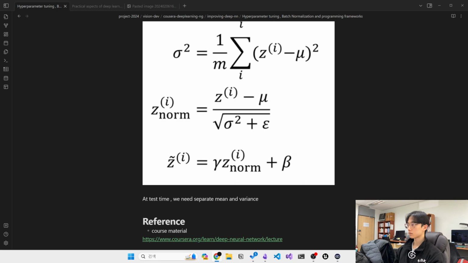So to be very concrete, here's what I mean. Let's pick some layer L, and let's say you're going through mini batches x1, x2, together with the corresponding values of y, and so on.